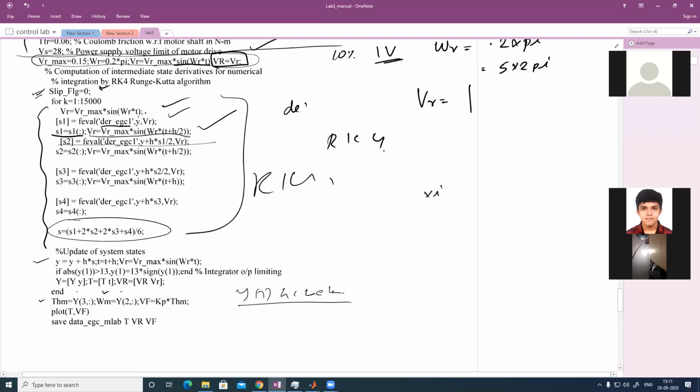If the absolute value of y of 1 is greater than that one, then this will be set as 13 into, that is the limit. The integrator limit of the PI controller is given here. And theta m is this one, omega m, and Vf is Kp into theta m.